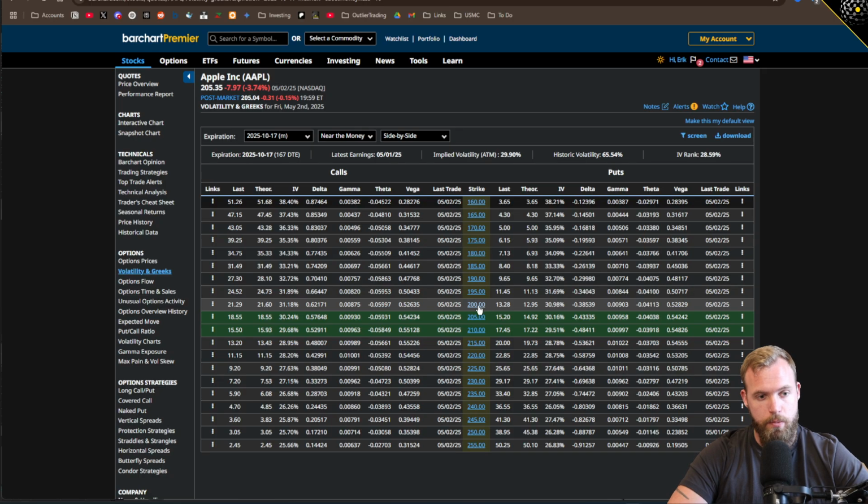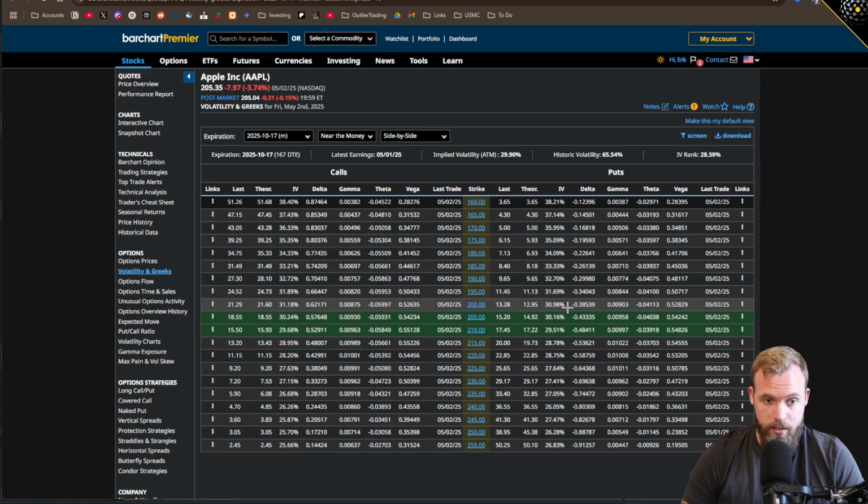So here's an example of this. If I choose to buy this 200 put and Apple goes down by $1, this position is going to make 38 cents, or $38. So you might say to yourself, well, wait, if Apple goes down $1 and this only moves $38, that kind of sucks because if you held 100 shares, you would have made $100 versus $38. Well, there's a cool element built into this.